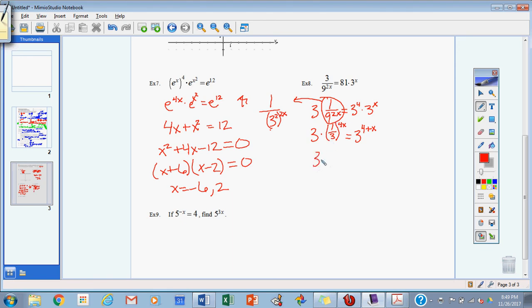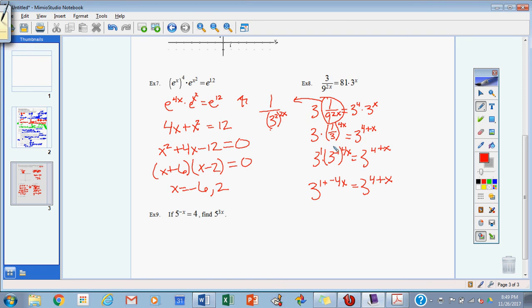Well, then watch where I'm going with this. So 3 times 3 to the negative first power to the 4x equals, again, this side, which is just staying the same. That side was a little quicker to get there. But again, what do we got here? We got a 1, so we got 3 to the 1 plus, and then you got to have the negative 4x equals 3 to the 4 plus x.